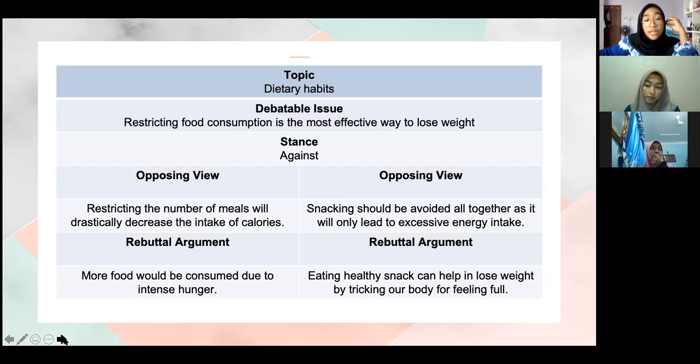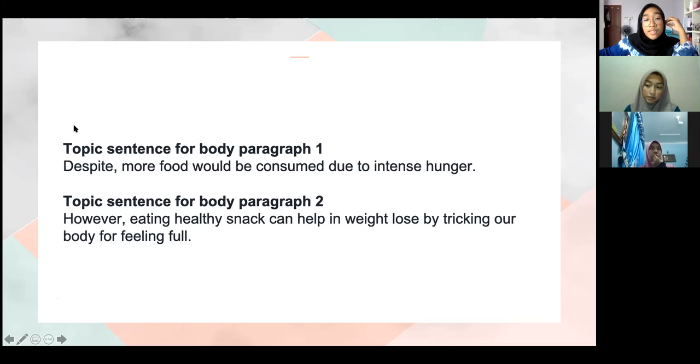So the topic sentence that I came up with that I think is suitable for body paragraph 1 is, despite more food would be consumed due to intense hunger. While the second topic sentence is, however, eating healthy snacks can help in weight loss by tricking our body into feeling full.